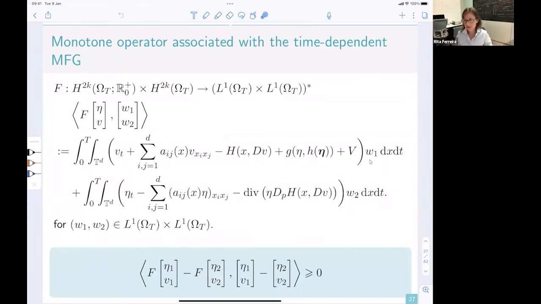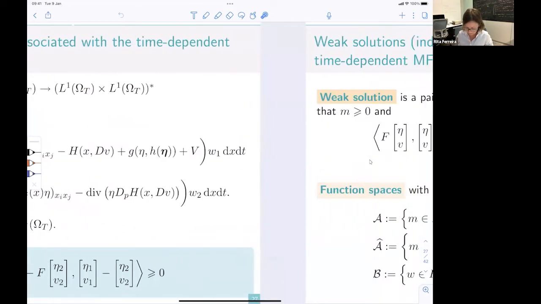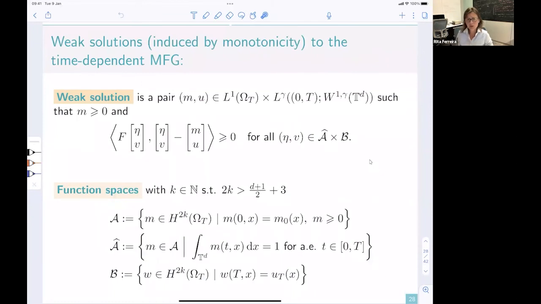Okay, so if it is a monotone operator, we can put all the machinery that I was describing before into play, and then we can define a notion of weak solution. And I hope by now there is no secret in this definition. It is just my operator evaluated at the test functions. Here I'm just writing the necessary functional spaces in which we can write everything and make sense of every single expression that is going to appear.